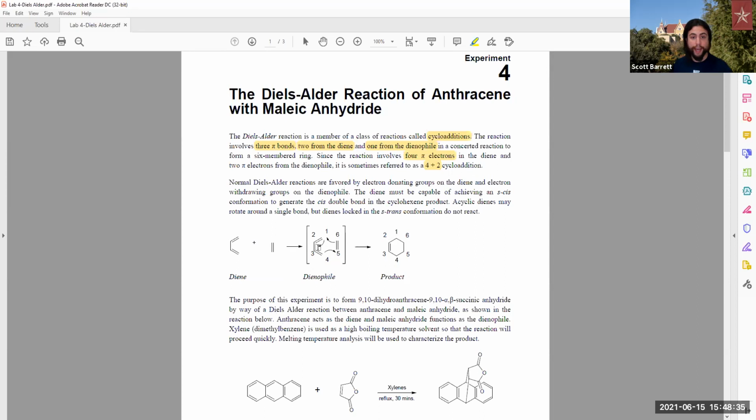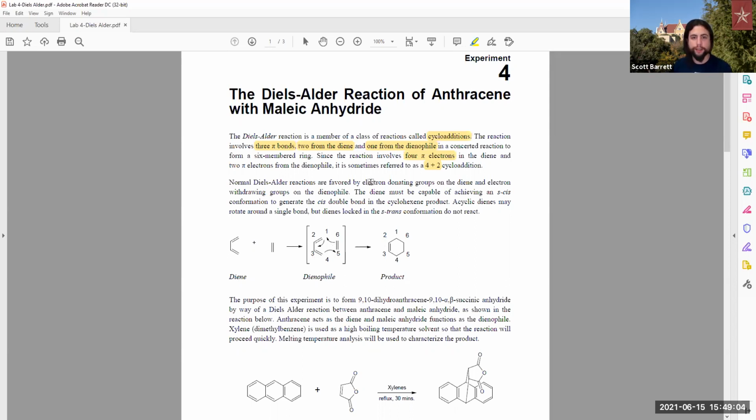So we actually break 2 pi bonds in order to create 2 sigma bonds here, between 4-5 and 1-6. And then we additionally also undergo the pi electron shift over to 2-3. So any forms of these sorts of Diels Alder reactions will involve primarily the diene and the dienophile. And then this is the intermediate reaction that we can see as the mechanism scheme.